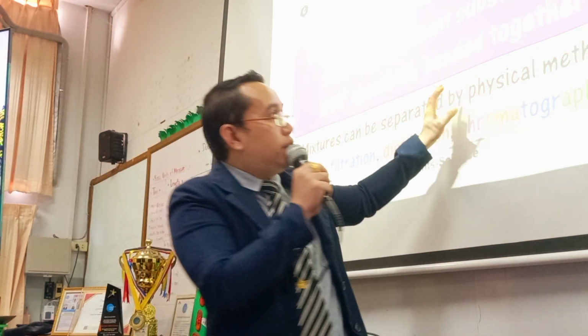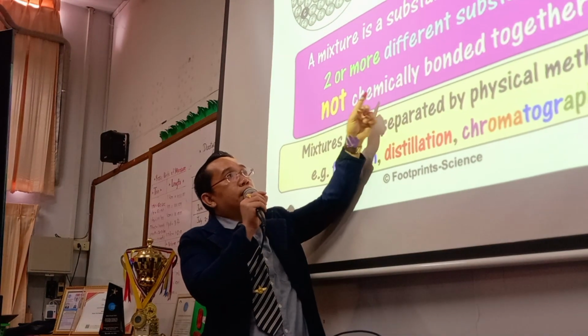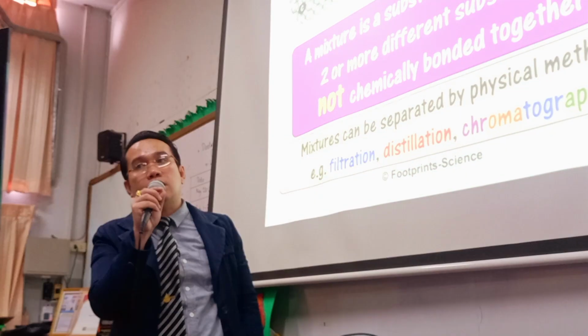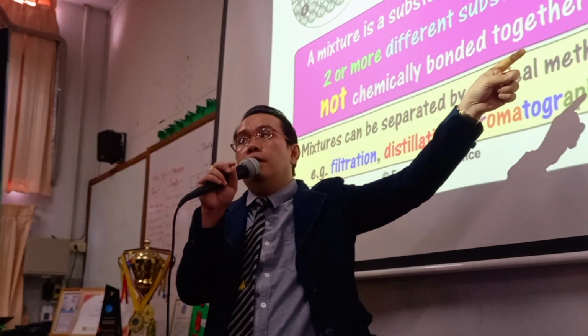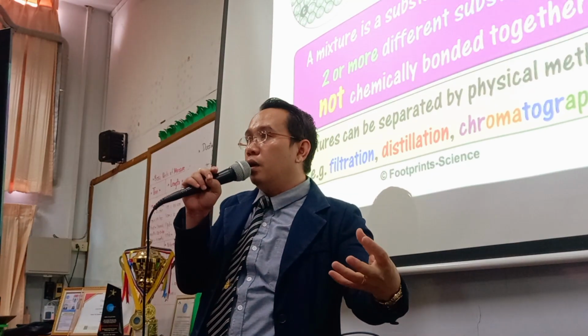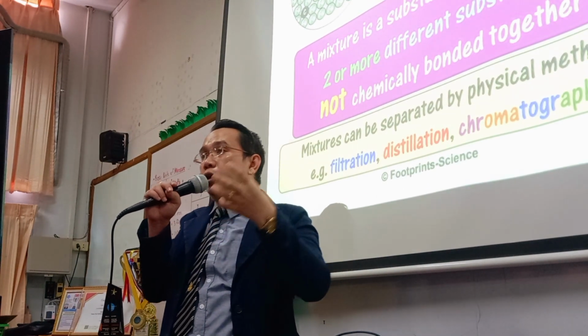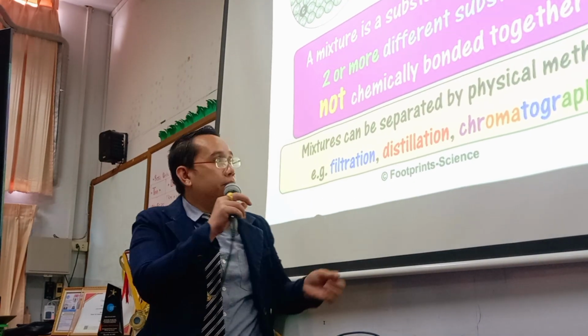So, what then is a mixture? A mixture is a substance that contains two or more different substances, not chemically bonded together, but physically they can join or combine in order to produce a new substance.